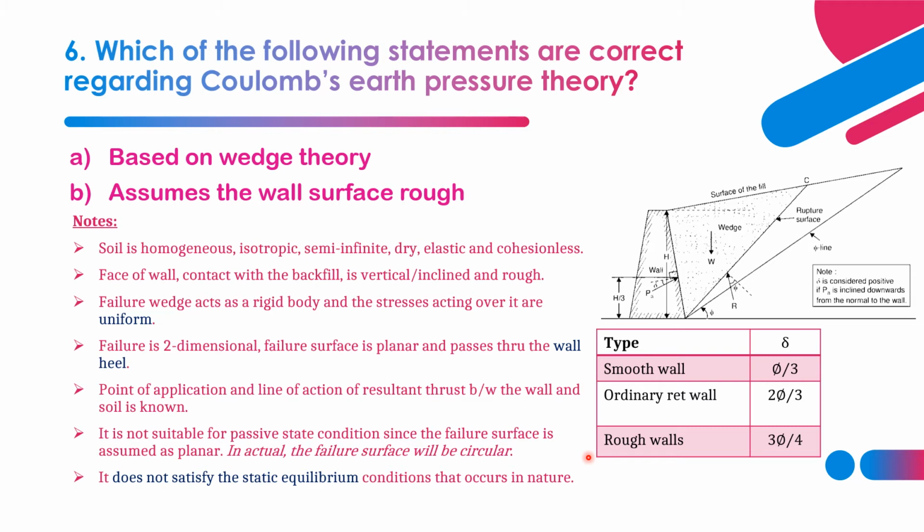Not only in cohesionless soil, Rankine's theory can also be applicable to cohesive soil. But in case of Coulomb's earth pressure theory, we cannot apply this theory to cohesive soils. So these are some similarities and differences between Coulomb's earth pressure theory and Rankine's earth pressure theory. Now we shall move on to the next question.